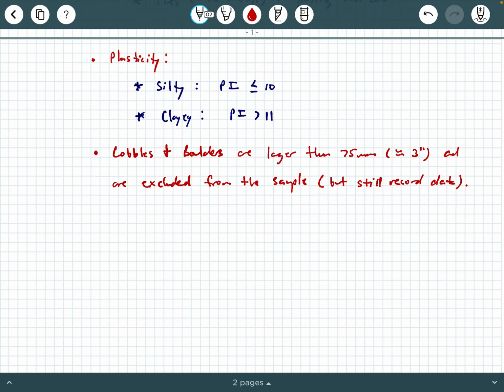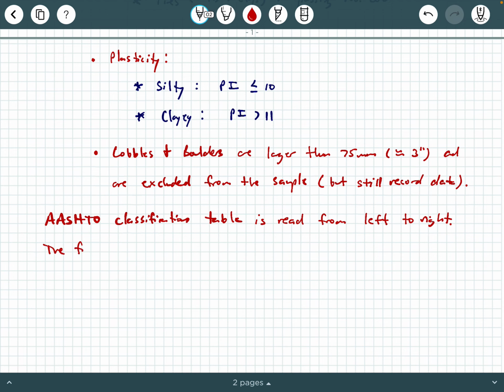But I'm going to say here the AASHTO classification table is read from left to right, okay?